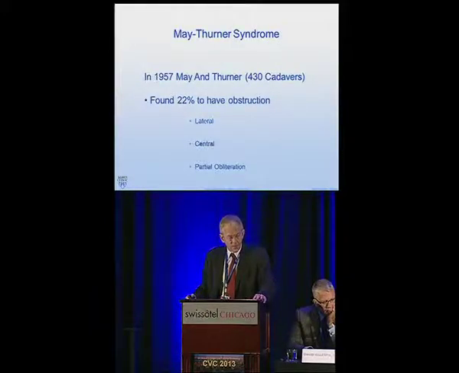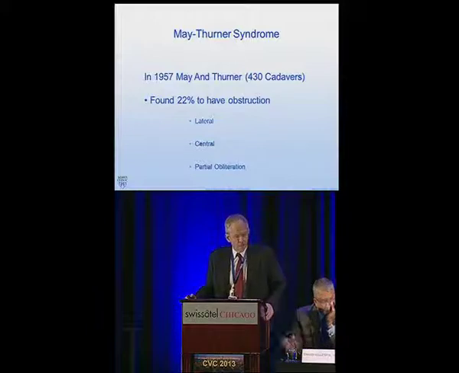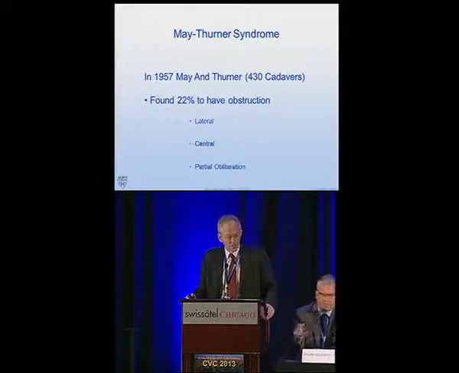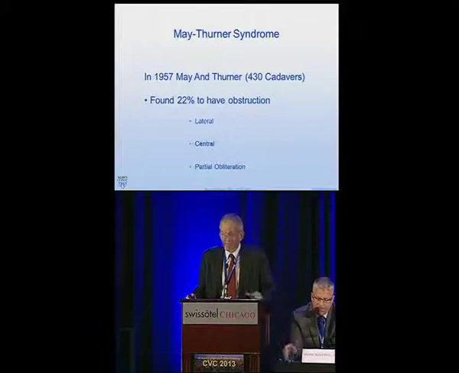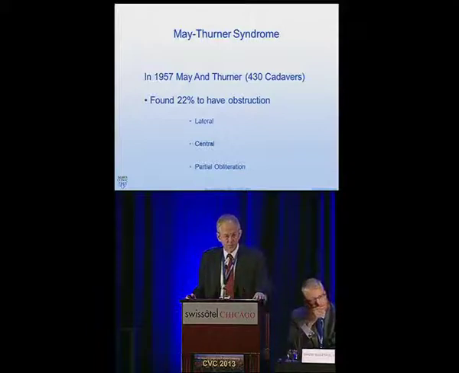May-Thurner did a cadaveric examination and published on it in 1957, and found that, based on his criteria, 22% of the 430 cadavers did have a compression of the vein.